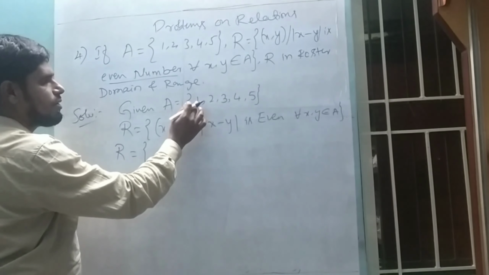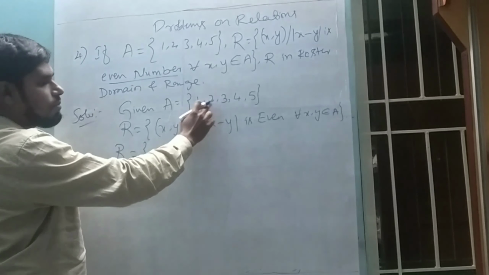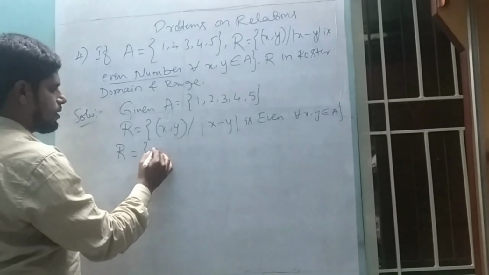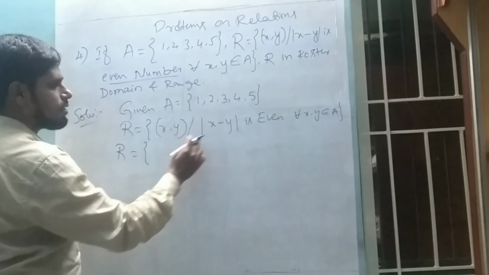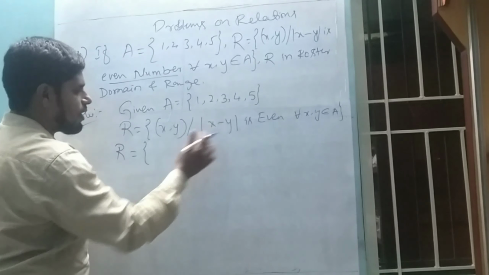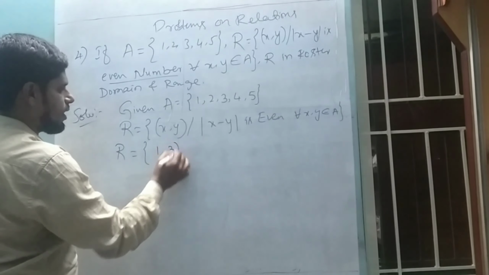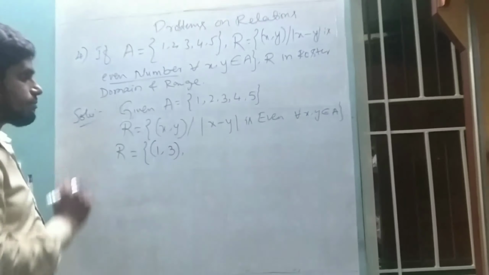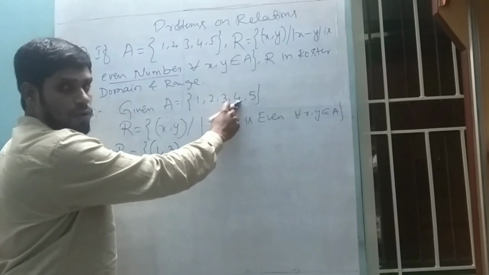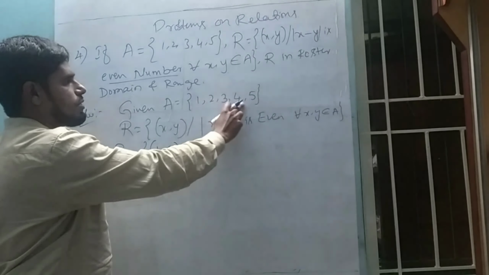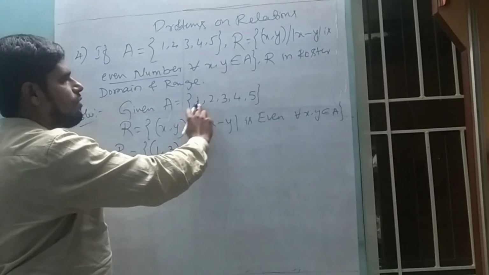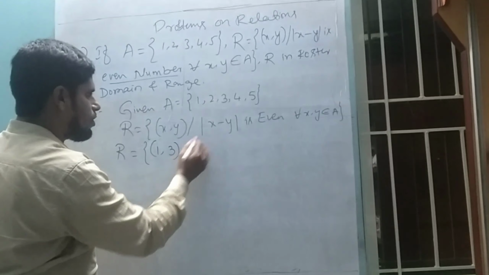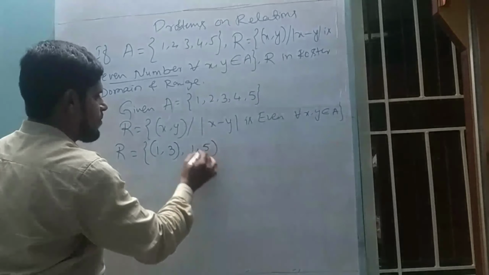So directly we will take 1 comma 2, not possible. 1 comma 3, yes possible, because 1 minus 3 is minus 2. Because of mod it is 2. So 1 and 3 I can take. Okay. 1 and 4, no, it's not possible. It gives minus 3. 1 and 5 possible, minus 4, that is plus 4. Okay.